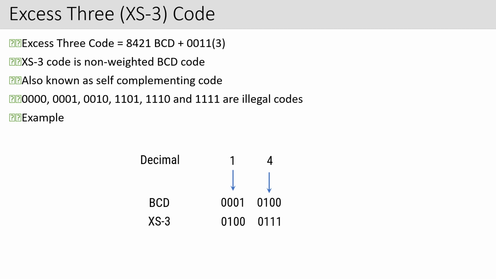This will be written as 0100 and 0111. What we did here is 8421 BCD plus 0011. We added 0011 to these BCD codes, and then arrived at this answer.